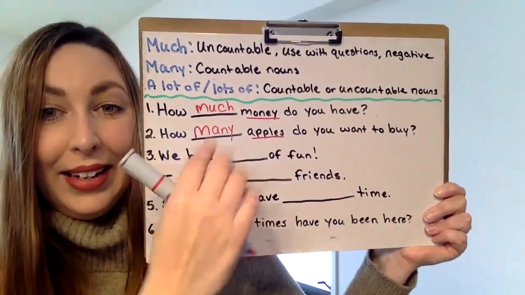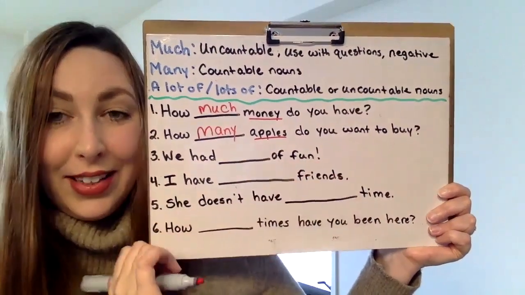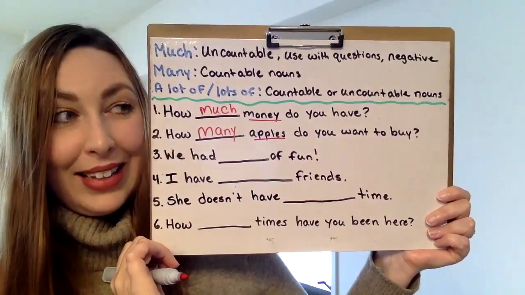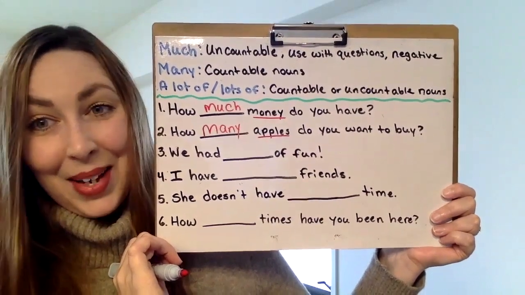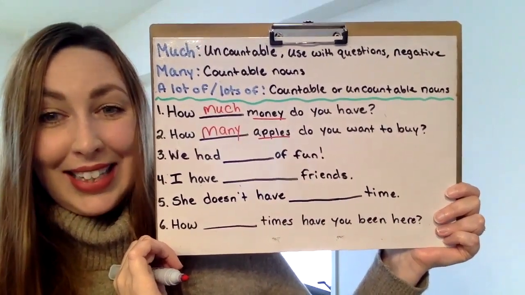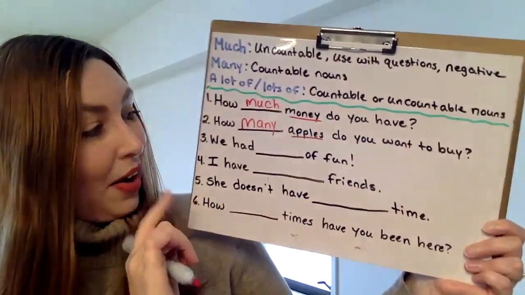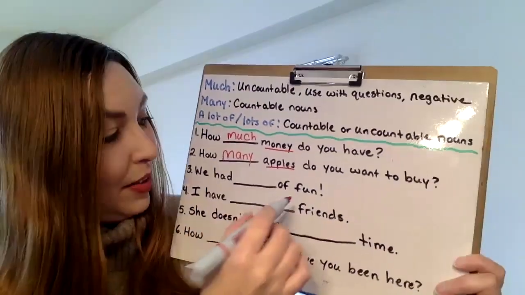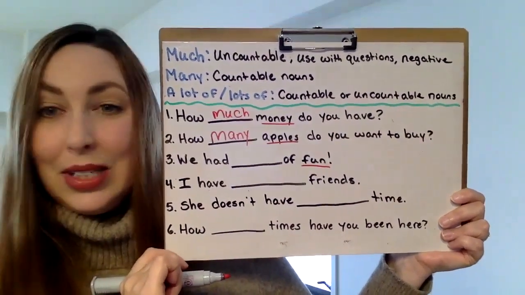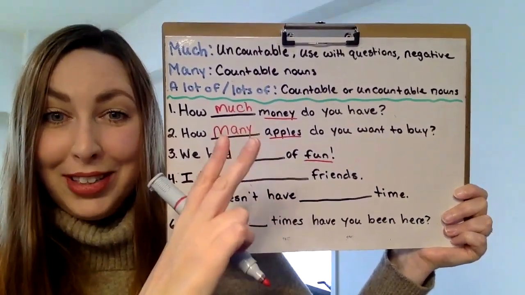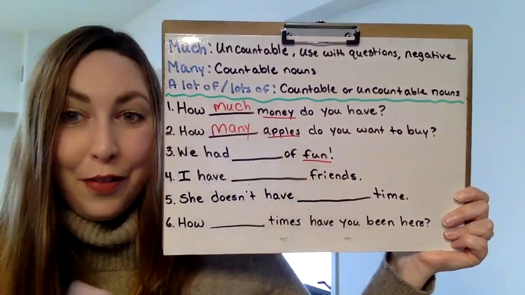All right, number 3. We had of fun. What do you think the correct answer is? So if we look at this sentence, fun is an uncountable noun. We don't say 1 fun or 2 funs. We just say fun.